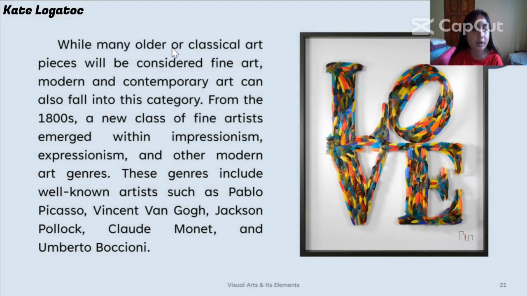While many older or classical art pieces would be considered fine art, modern and contemporary art could also fall into this category. From the 1800s, a new class of fine artists emerged within Impressionism, Expressionism, and other modern art genres. These genres include well-known artists such as Pablo Picasso, Vincent van Gogh, Jackson Pollock, Claude Monet, and Umberto Boccioni.